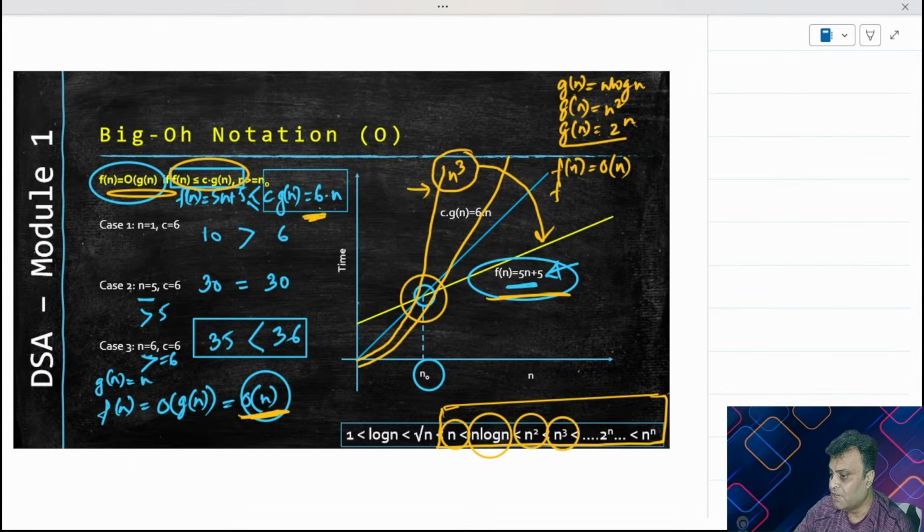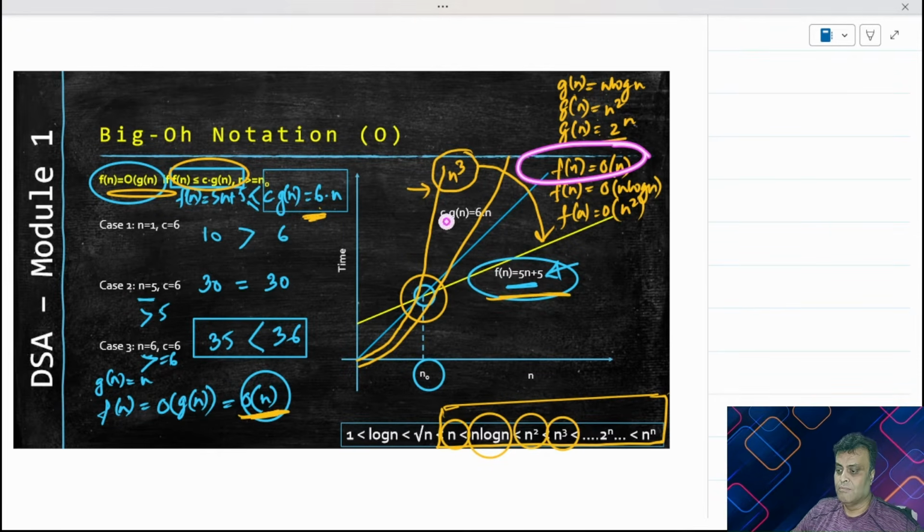If I can write Fn equal to big O of n, I can also write Fn is equal to big O of n log n. I can also write Fn is equal to big O of n square. I can write anything above n as the big O, the upper bound of that particular function. But conventionally, we have to write the nearest complexity class. That is, we write only big O of n.